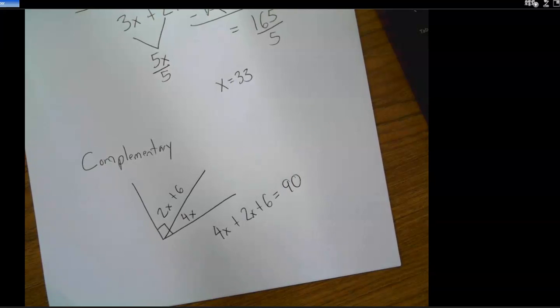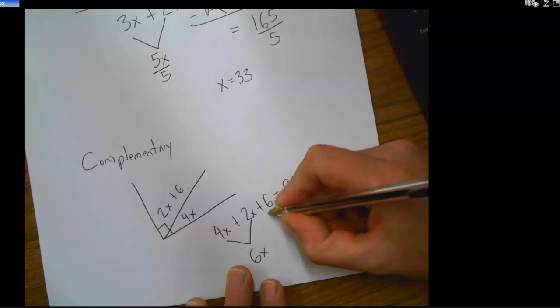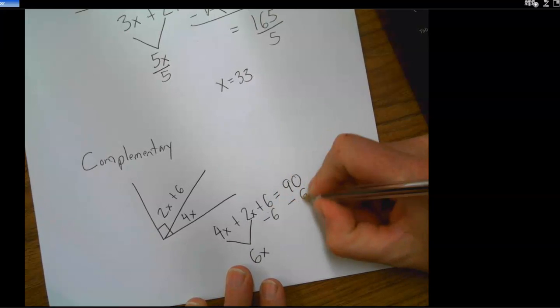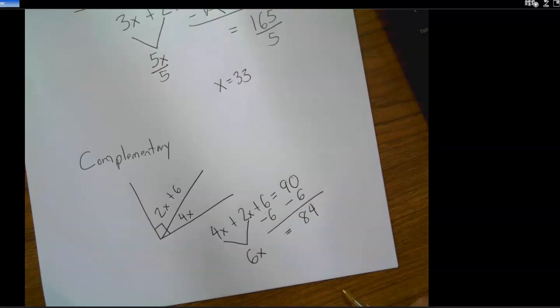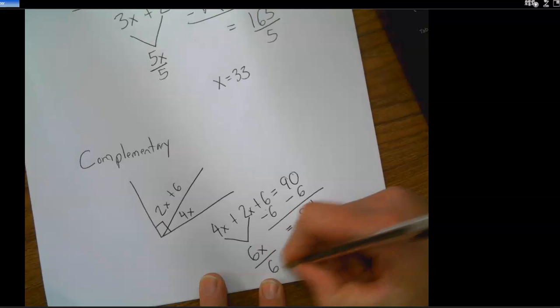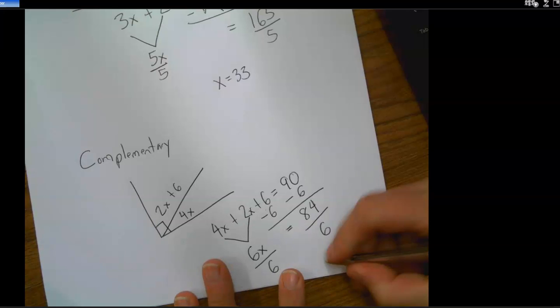Now, at this point, I'm going to solve it. To solve it, I combine my x's and I move my numbers over together. 90 minus 6 is 84. Finish solving it, divide by 6, do it to one side, I have to do it to the other. Divide by 6, I get 84 divided by 6, which is 14.